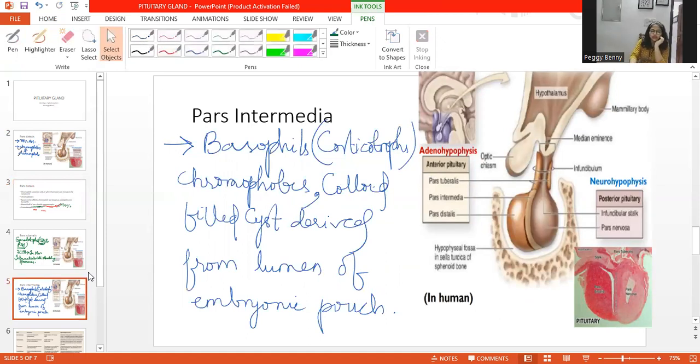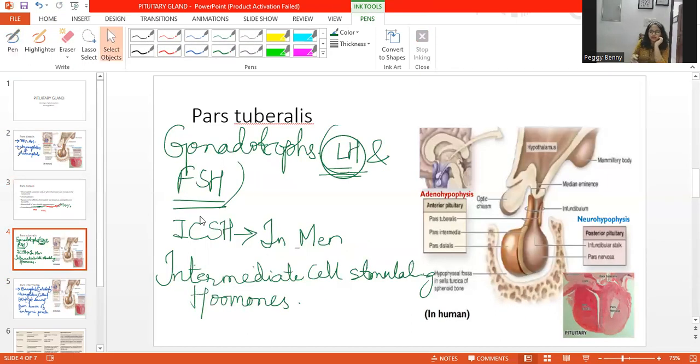Talking about the next portion, let's move on to pars tuberalis. Pars tuberalis, as we know, is that part of the pituitary gland which surrounds the infundibulum. This pars tuberalis has gonadotrophs as the major kind of cells. And what do gonadotrophs secrete?